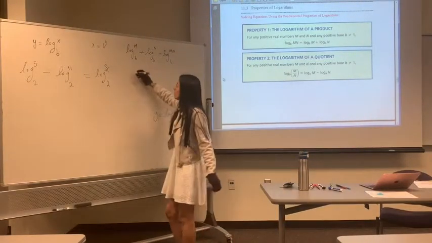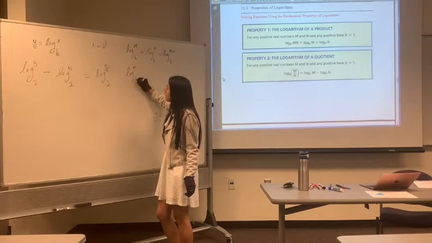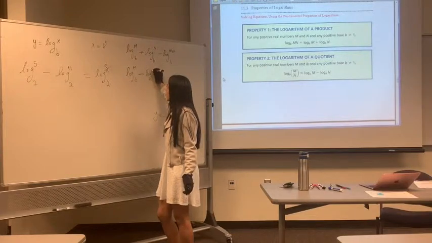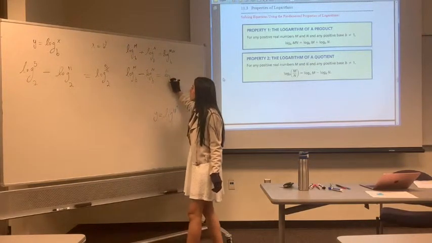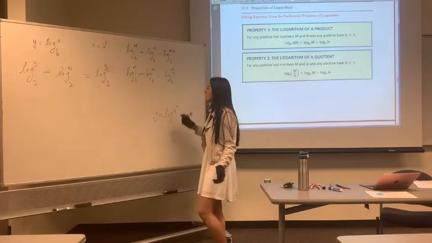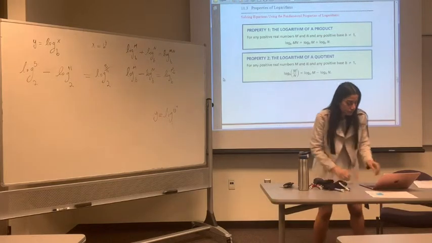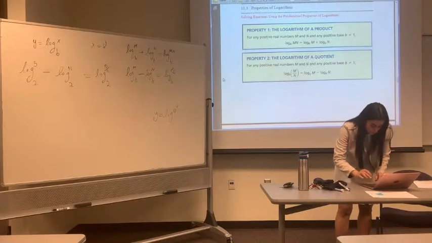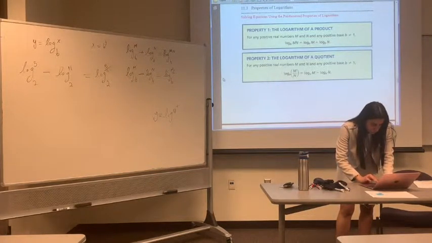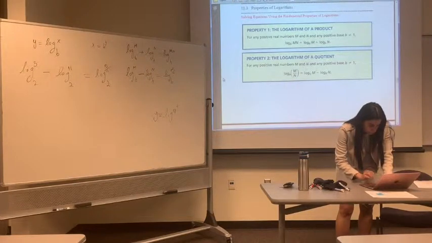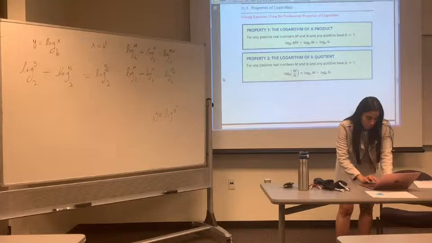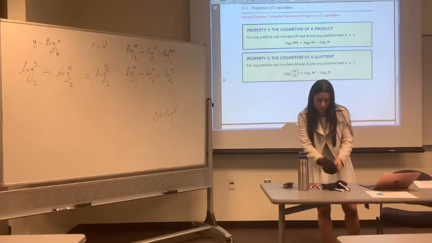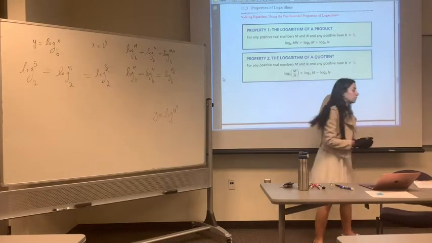That's why we have log m base b minus log n base b equals log of m divided by n, base b. Okay, so these are the two properties.